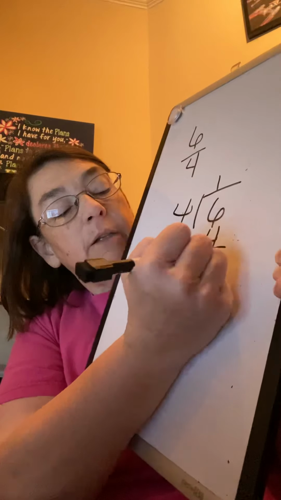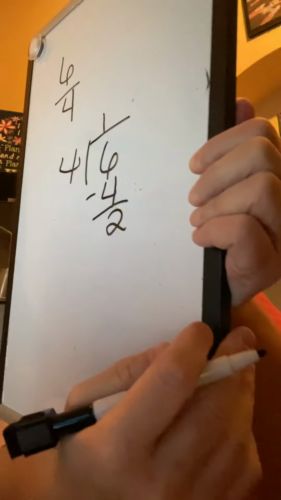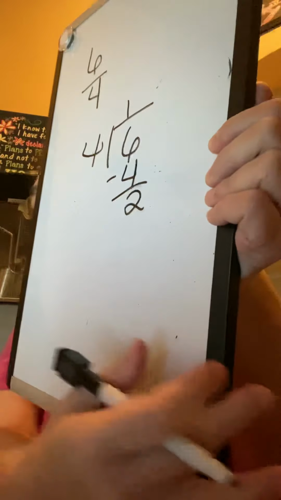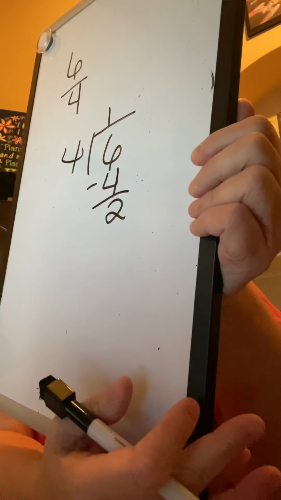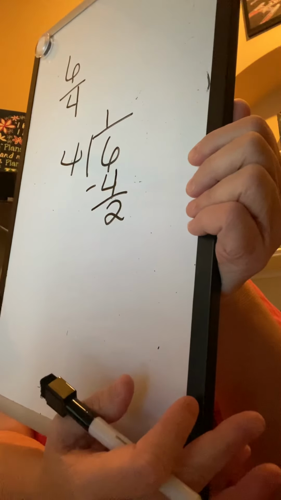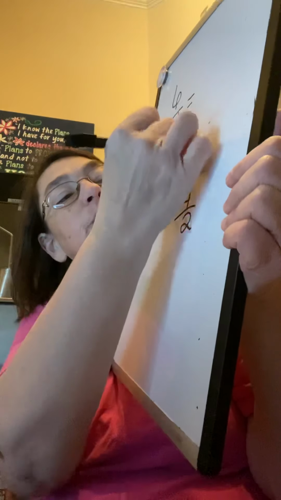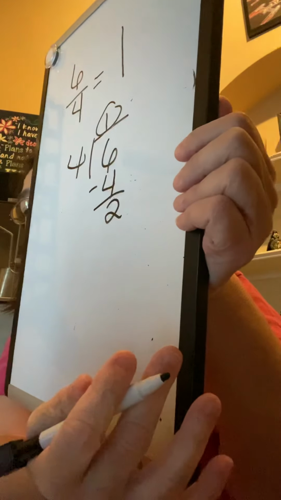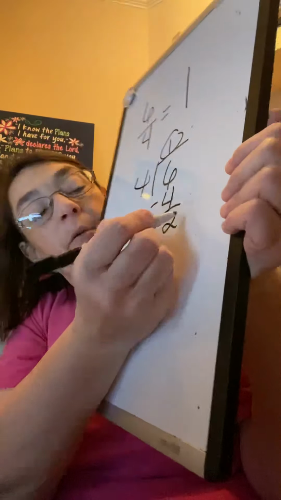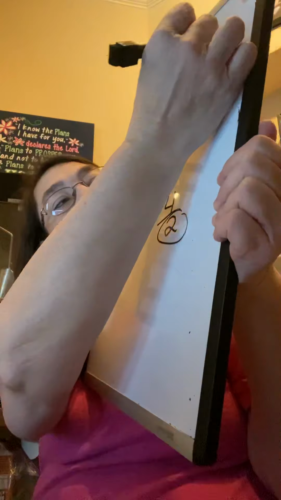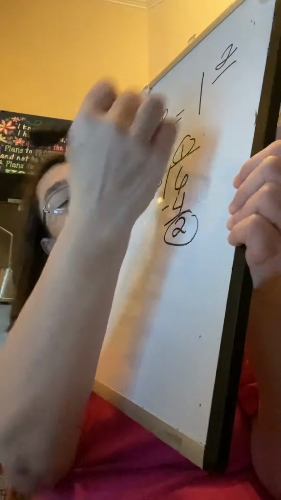I subtract, I get 2. So that means I have a whole number, which is here, is 1. My remainder becomes my numerator, and my denominator stays the same.